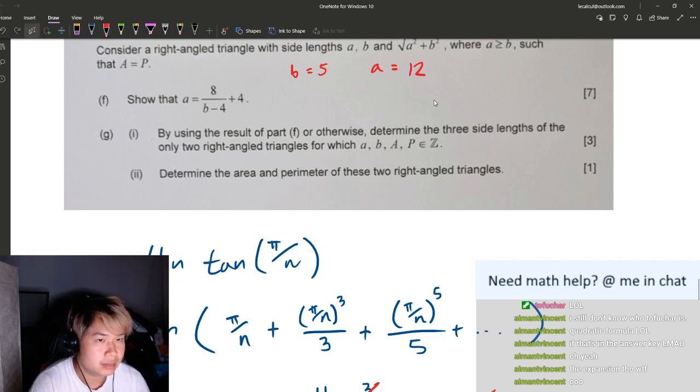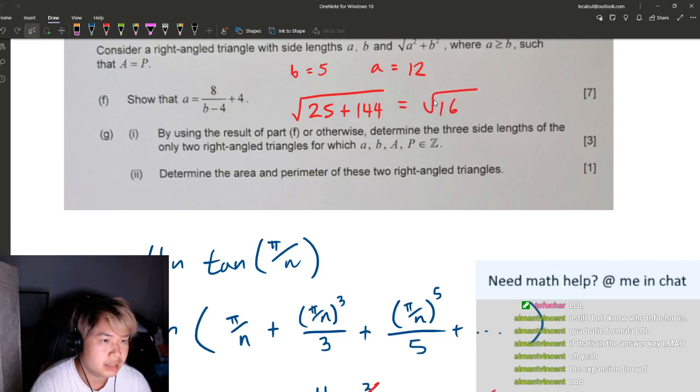We need to double check and make sure that this is a Pythagorean triple, but I think it is, right? 25 plus 144 is 169. And then 169 is 13, right? Okay, so this works. And then I'm just gonna try the next one, which is 8 divided by 2.